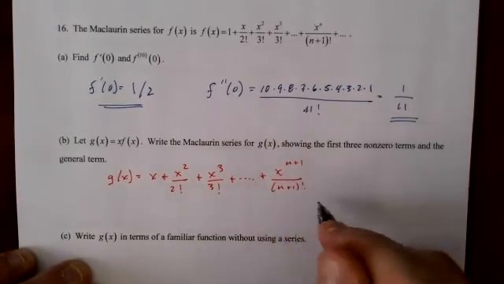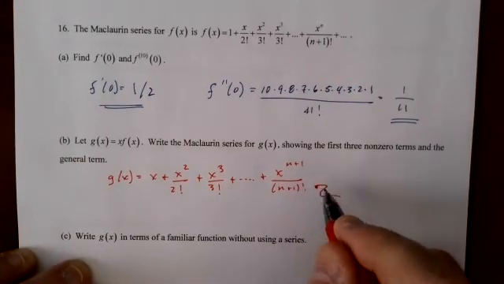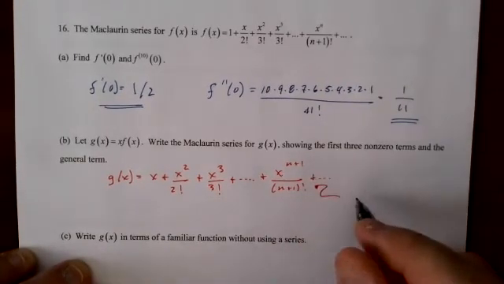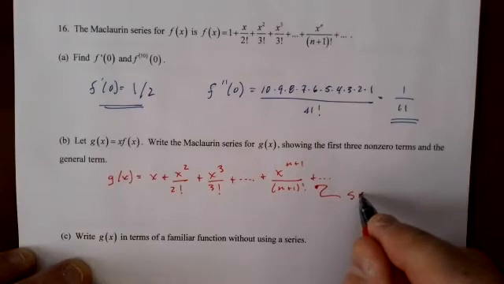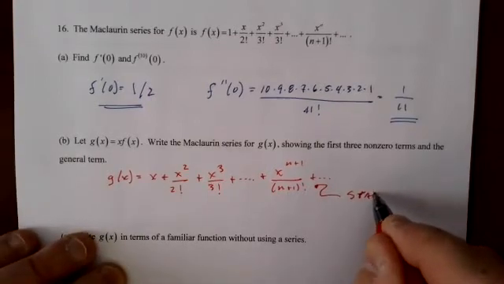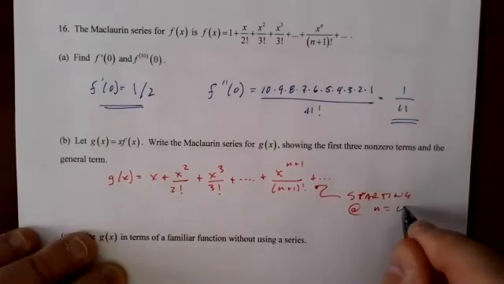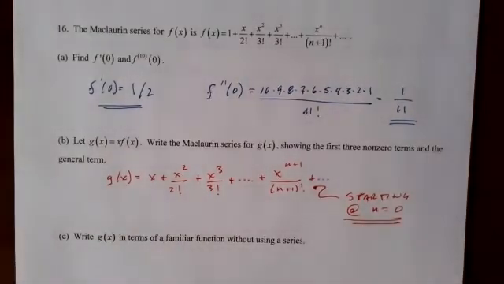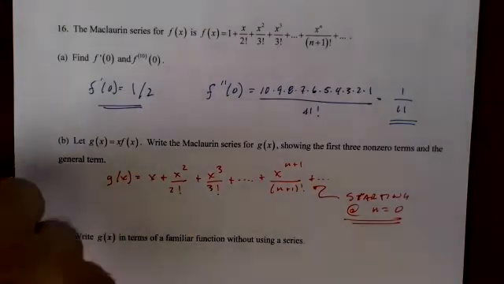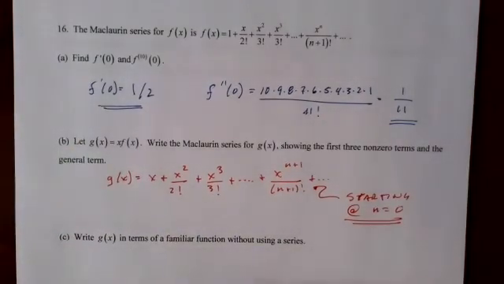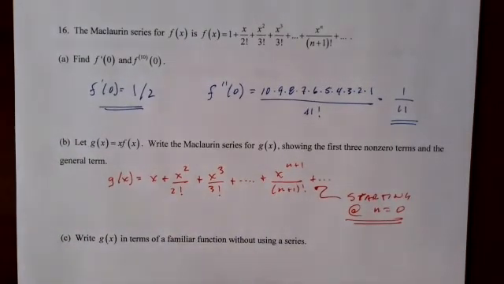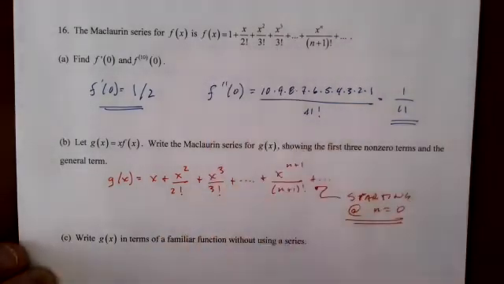I have this habit of writing starting at n equals 0 because I don't want there to be any miscommunications. Then write g of x in terms of a familiar function. Okay, familiar function. Yeah, that's e. G of x is x times that.